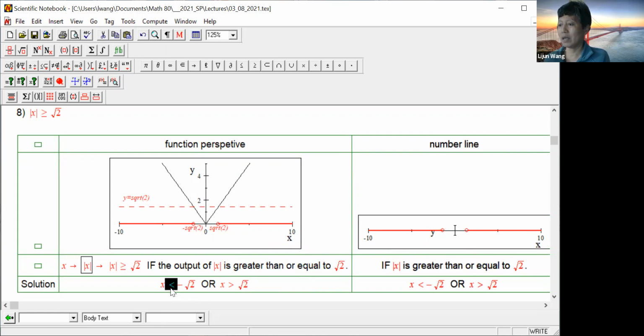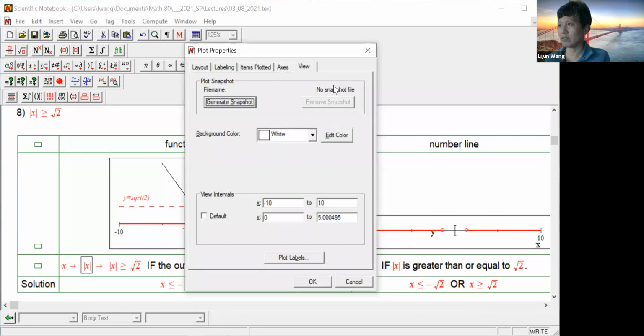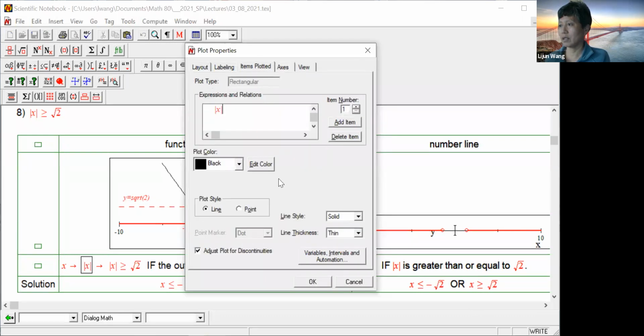Now I need to change all of these to be greater than or equal to. Does everybody follow me? Am I going too fast? Last thing I need to change is the dots, right? So I need to make the dots change.